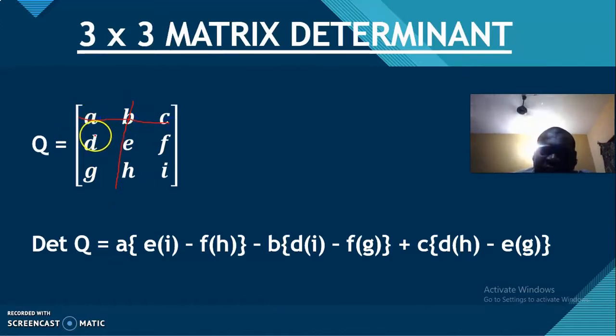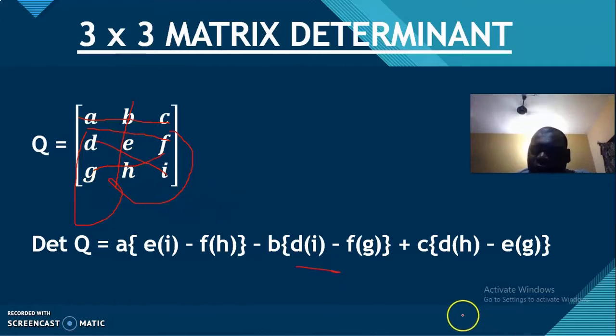So we are only left with D, F and G, I. So now we have B open bracket D times I minus F times G. So that's what we have.